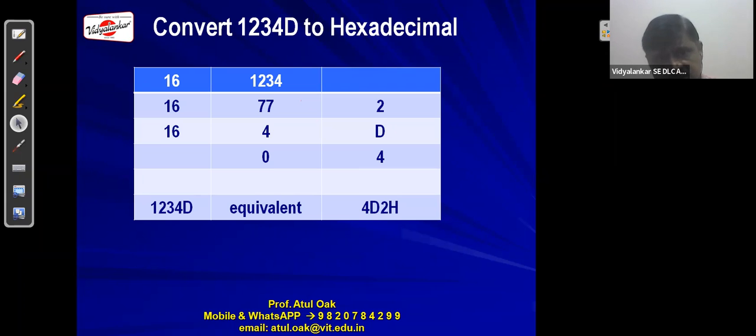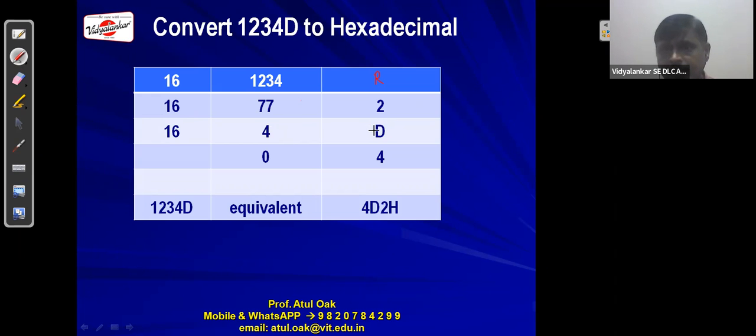Again 16 sevens are 112, so 2 is the remainder. Straightforward, this is simple. Again we divide 77 by 16. 16 fours are 64. 77 minus 64 is 13, and 13 is represented by D.